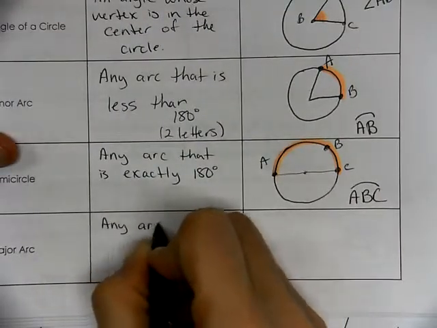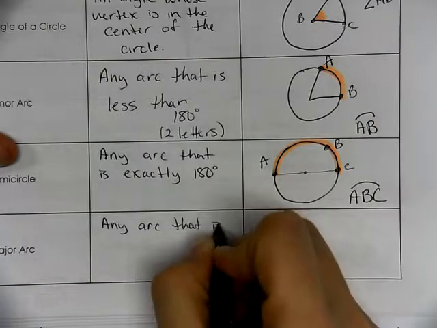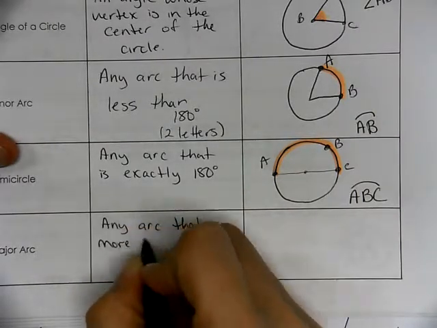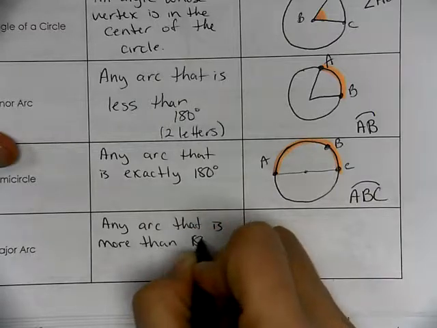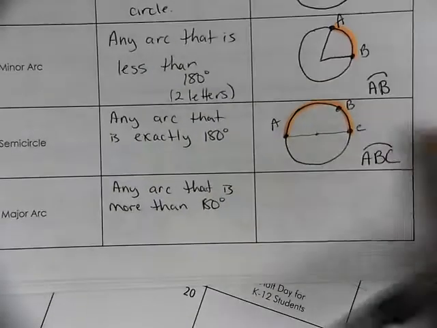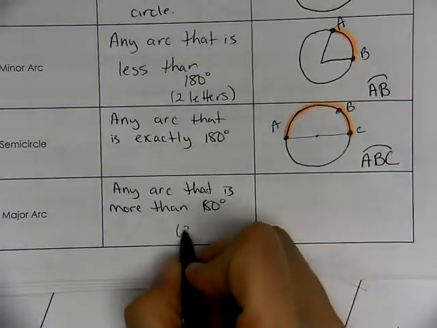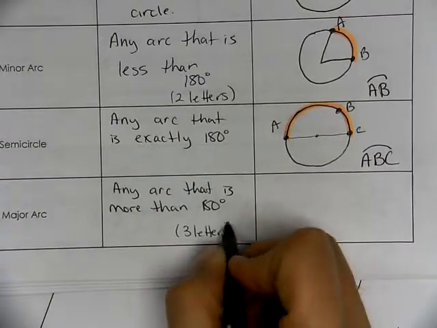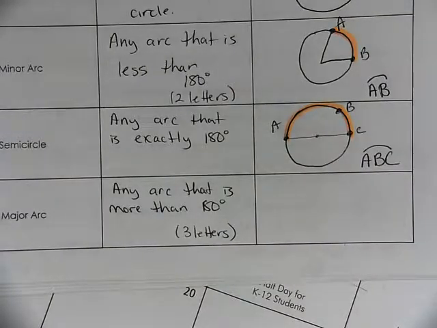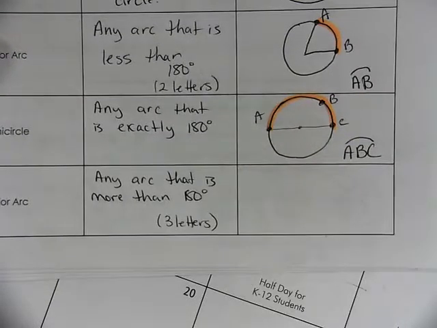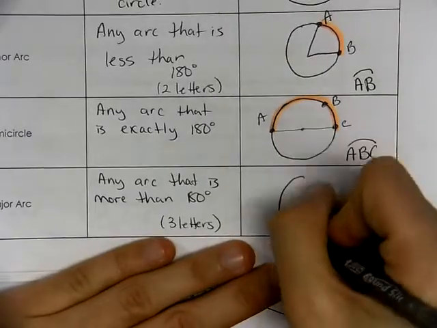So any arc that is more than 180 degrees. And usually for a major arc, it's written with 3 letters. They'll use 2 letters for minor, 3 for major. So again, you have your circle.